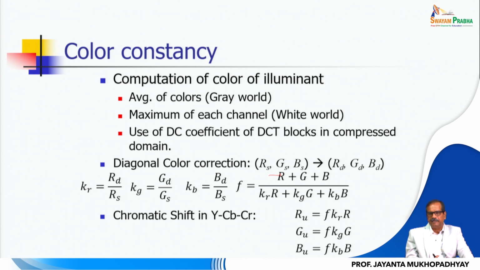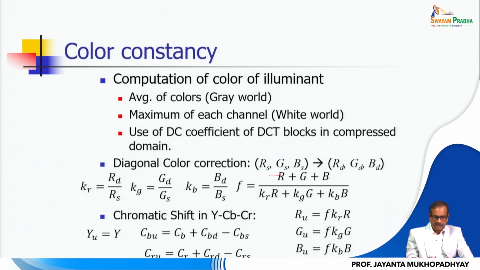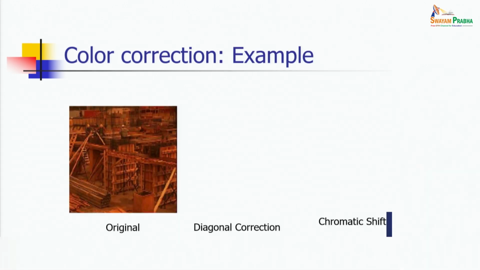That means you give a shift to Cb and Cr by considering the difference between the target color and the source color's respective components. So you see that these are the shifts you are giving, computing the difference between target color and source color. So these are the examples.